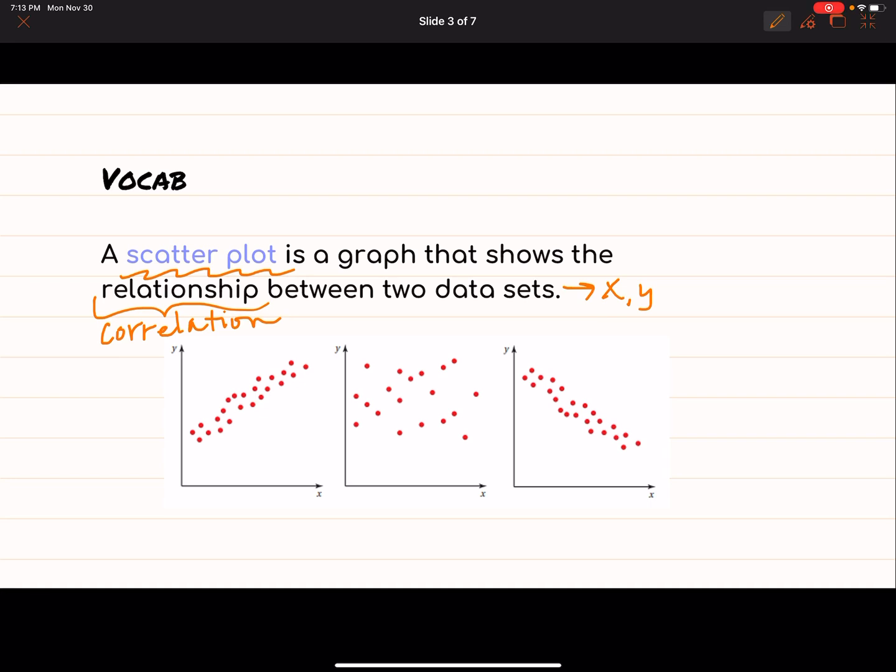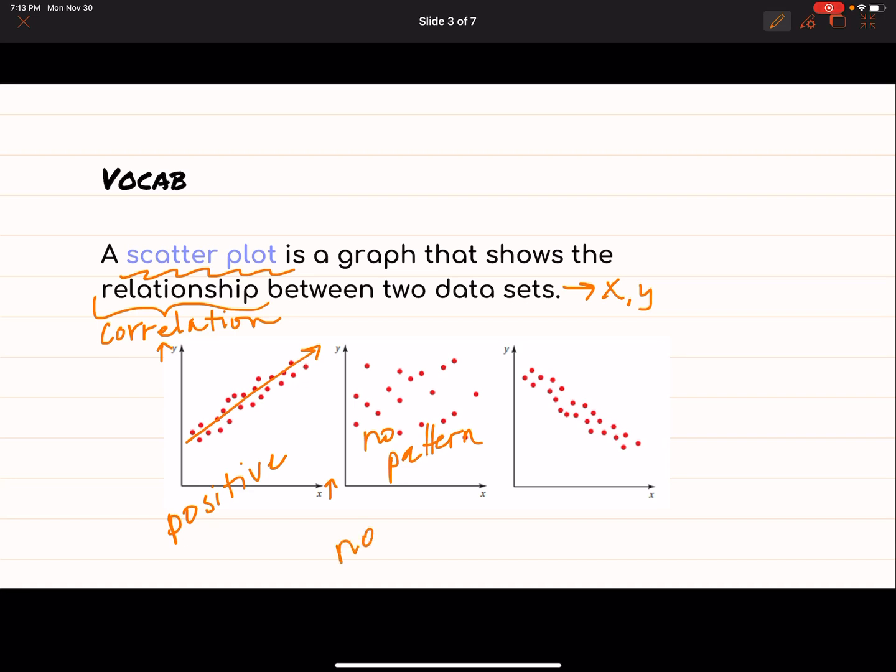In the first example, you can see this scatter plot is going up from left to right. That means our x is increasing, our y is increasing as well. That would be a positive correlation. In the second graph, we've got points scattered about. There is no pattern.